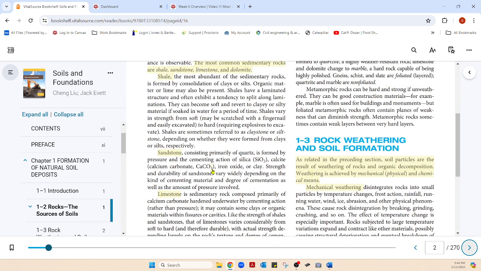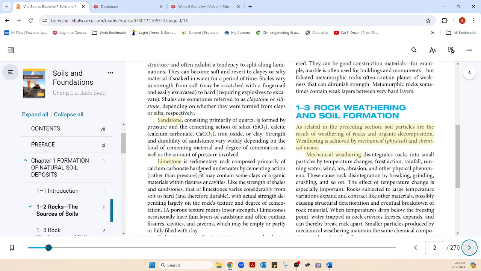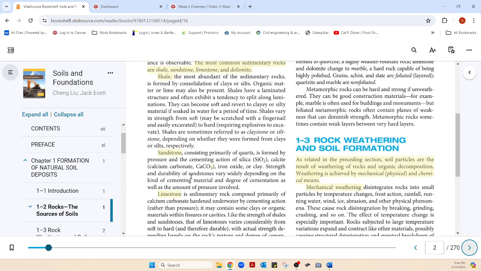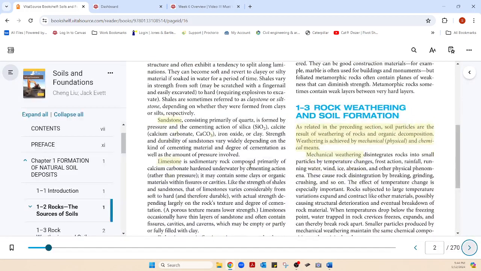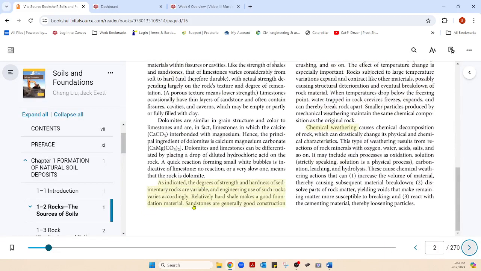Now, the only thing I can imagine would be you might name a rock a sedimentary rock, and sandstone, limestone, and the most common rocks are shale, sandstone, limestone, and dolomite. So you might keep that in mind. As indicated, the degrees of strength and hardness of sedimentary rocks are variable, and engineering use of such rocks vary accordingly.